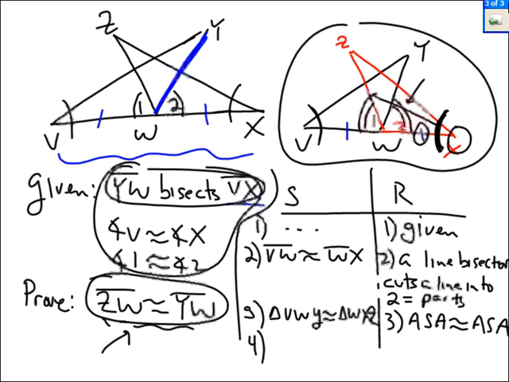And number 4, I can conclude what they wanted us to conclude, that these two sides are congruent. The reason is corresponding parts of congruent triangles are congruent. Okay, that concludes this section. Do some more problems.